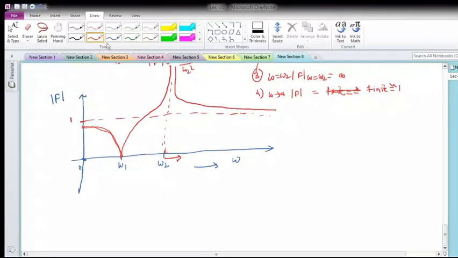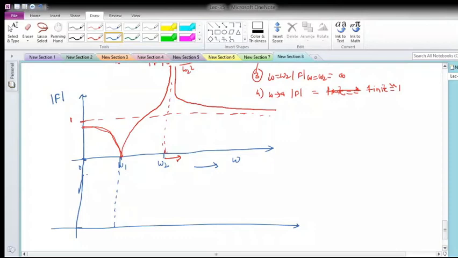So how is the phase response for this? At omega equal to 0, the angle is 0 degrees. At omega equal to omega 1, there is an introduction of zeros on the imaginary axis, so a sudden jump of 180 degrees.